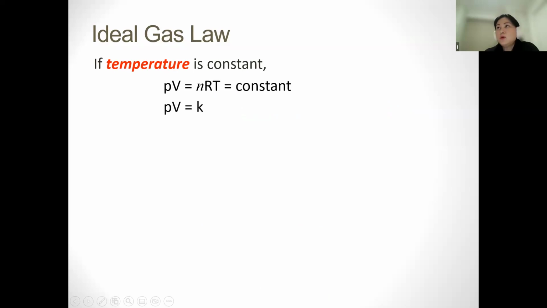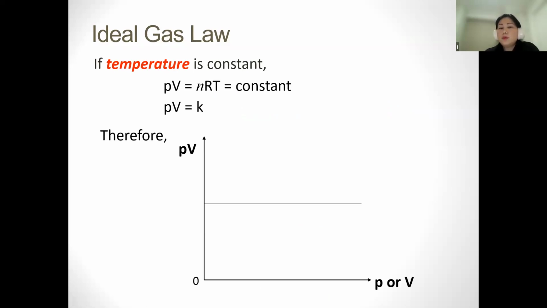So PV equals a constant. And so what's the relationship between PV against anything? If I plot PV as my y-axis against anything, for example a changing pressure or a changing volume, it will be a straight line.